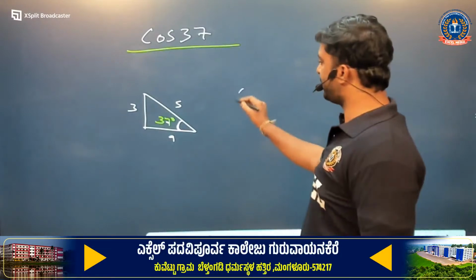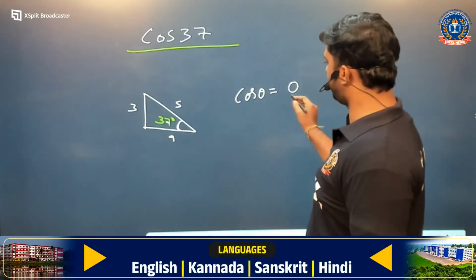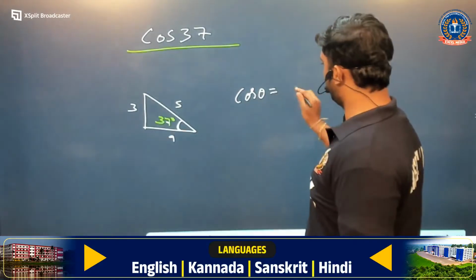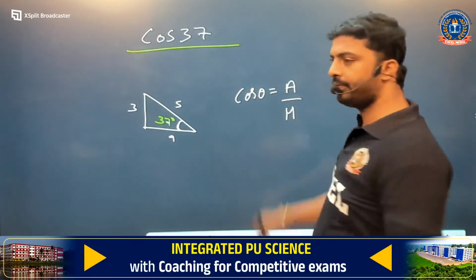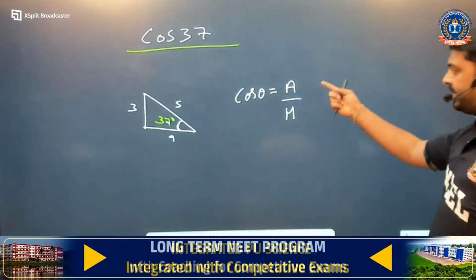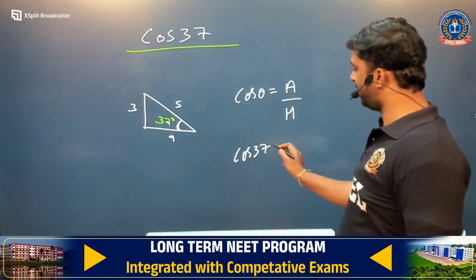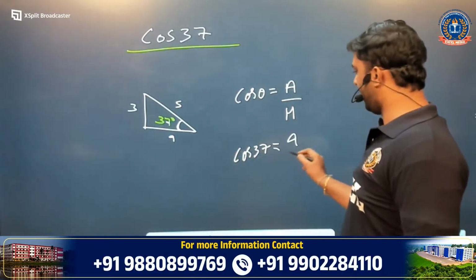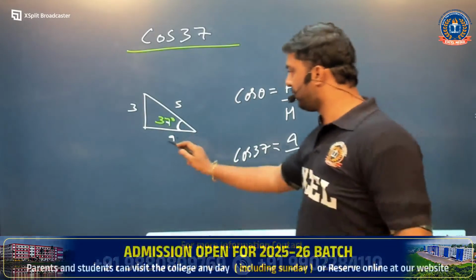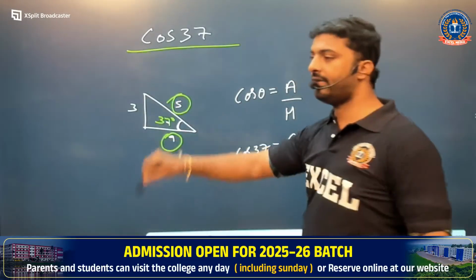What is cos theta? It is adjacent side by hypotenuse, right? So what is the angle here? 37. What is the adjacent side? It is 4 and hypotenuse is 5.